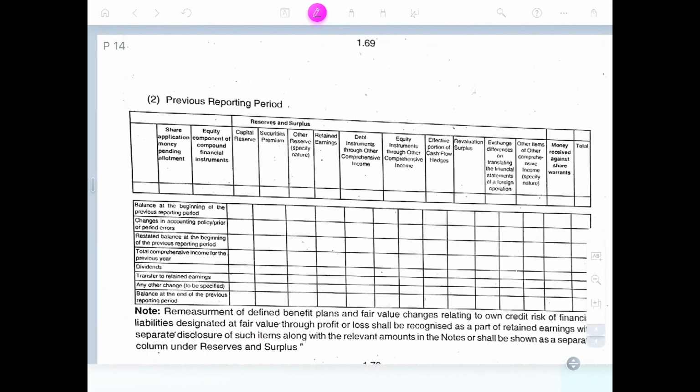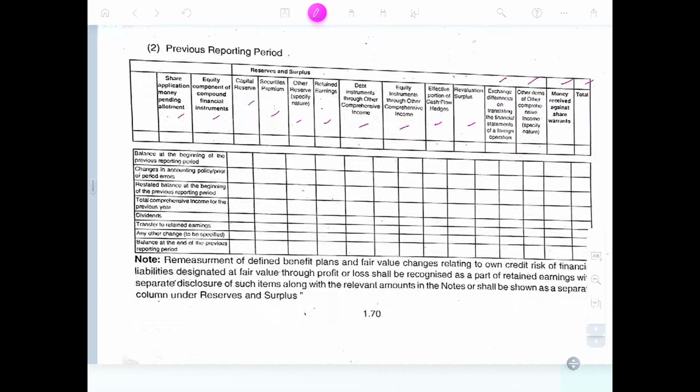For the previous year: share application money pending allotment, equity component of financial instruments, reserves like capital reserve, securities premium, other reserves of specific nature, retained earnings, debt instruments through other comprehensive income, equity instruments through other comprehensive income, effective portion of cash flow hedges, revaluation reserve, exchange differences on translation of financial statements of a foreign operation, other items of other comprehensive income of specific nature, money received against share warrants, and total.